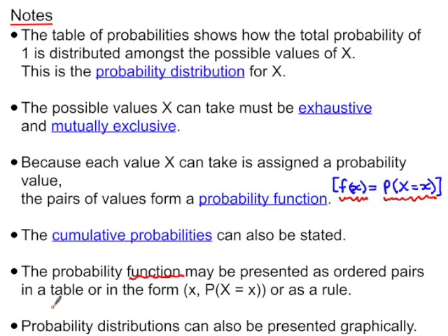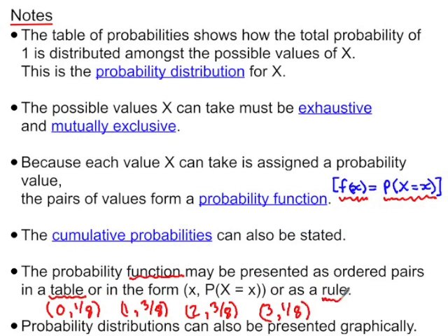So in the example with the 3 coins, we could give the ordered pairs as 0, 1/8, 1, 3/8, 2, 3/8, and 3, 1/8. Those are ordered pairs. We normally represent them in a table, but in the next example, you're going to see how we can just give the rule as f of x and use that to work out different probabilities.